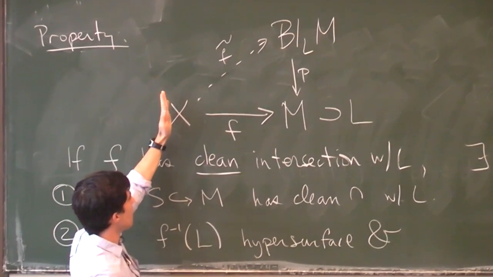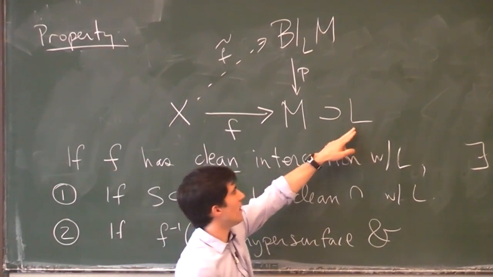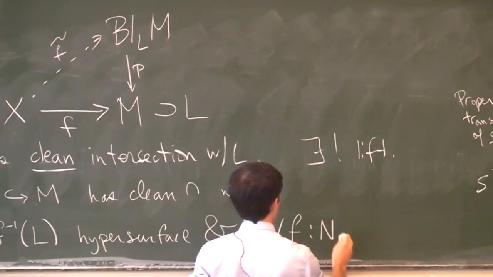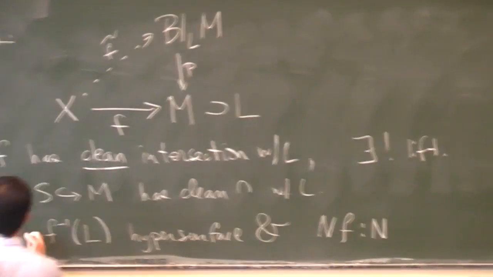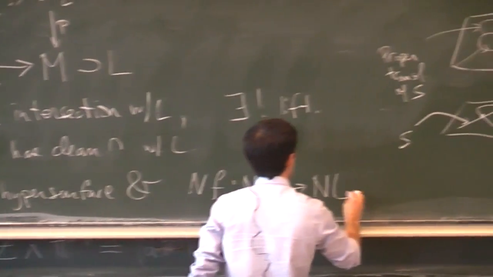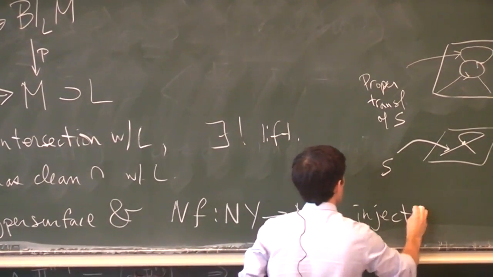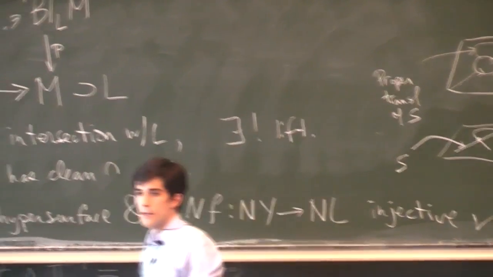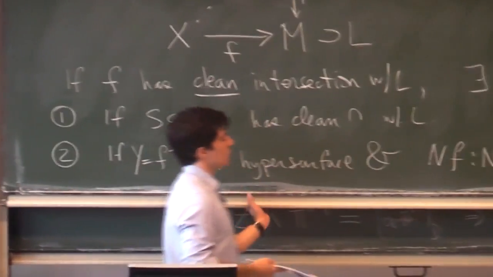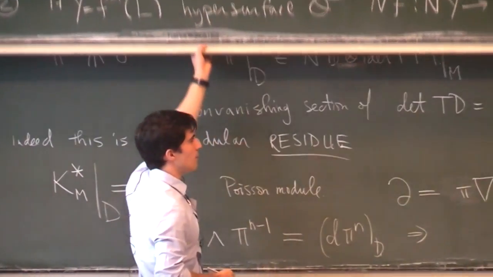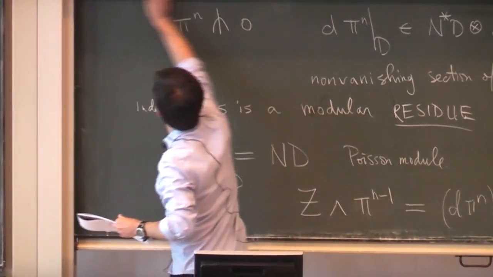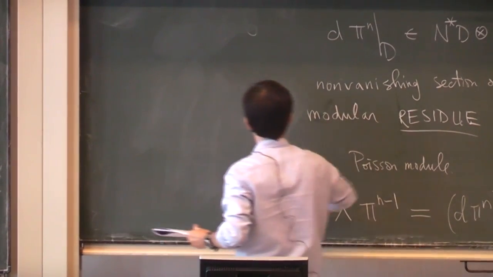It would take the normal bundle of this hypersurface, let me call it Y, to the normal bundle of L. And if this normal map of F is injective, then the map lifts. Then it satisfies this cleanliness condition. So it's just a very convenient property so that we know whether certain maps lift to the blow-up.